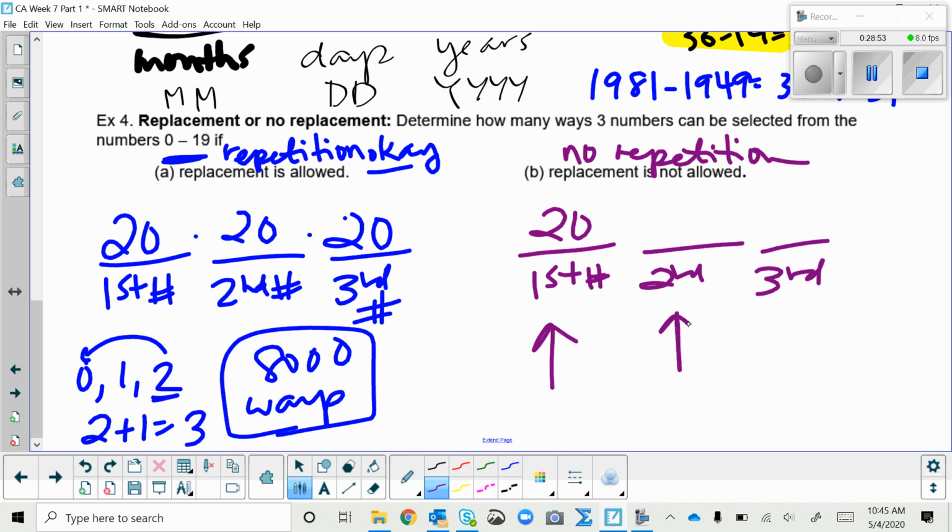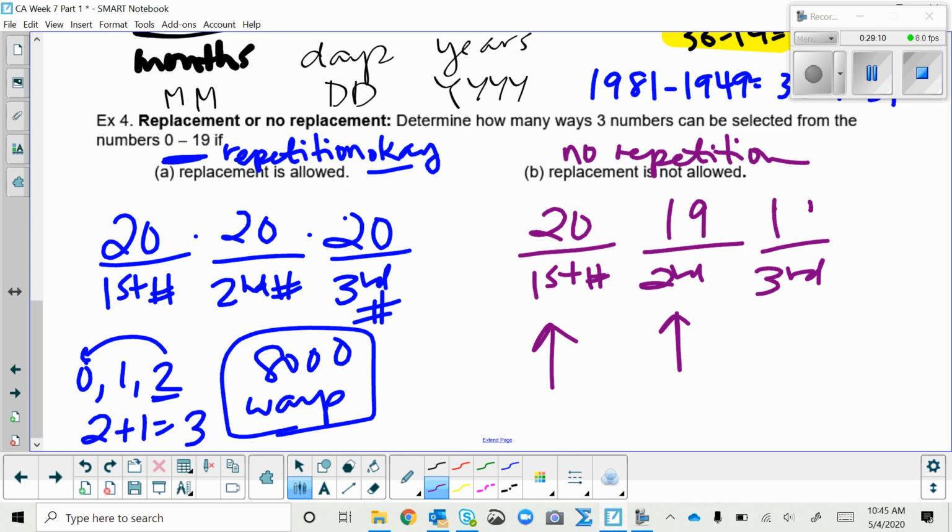You have 19. Because whatever went in the first spot can no longer be used. And now whatever went in the second spot can no longer be used. So how many numbers are remaining to be picked from for the third spot?